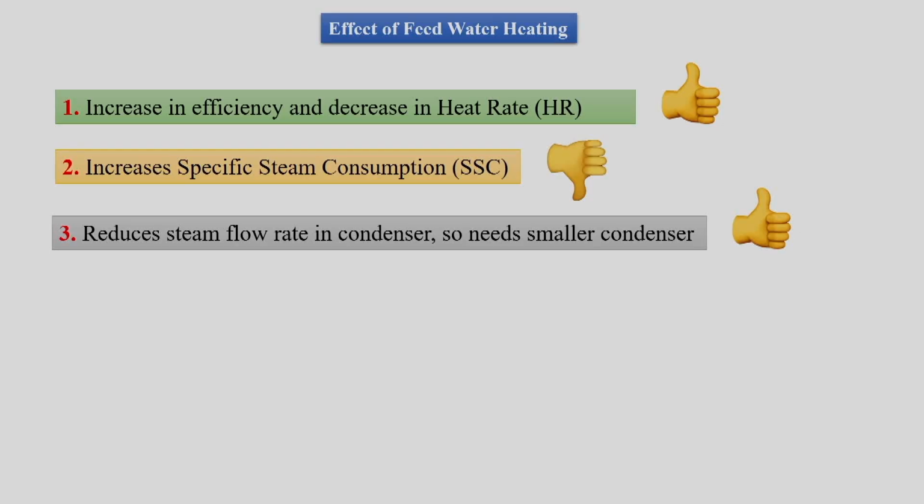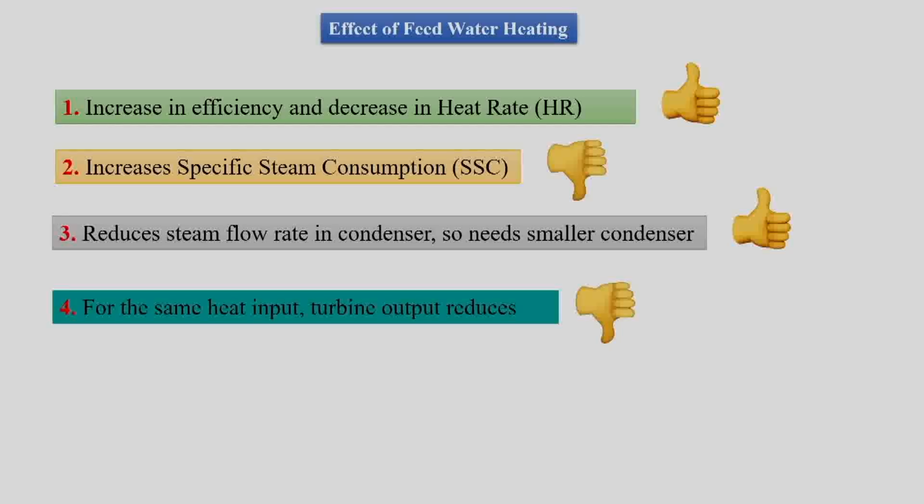Further, a good point of this feed water heating is we need a smaller condenser since it is reducing the load on the condenser. Here we have one more thing, for the same heat input turbine work output reduces, as we have seen for the specific steam consumption.